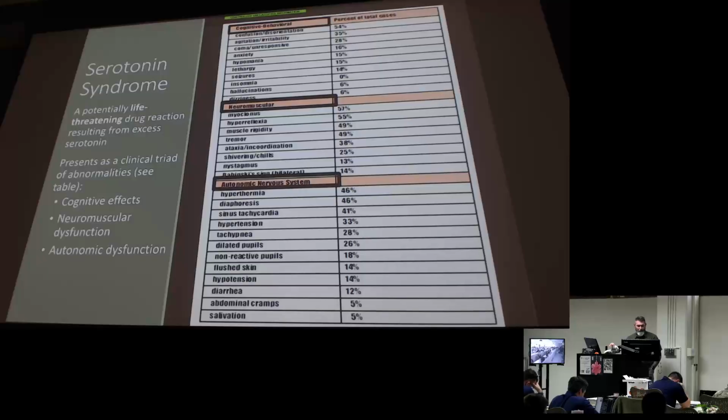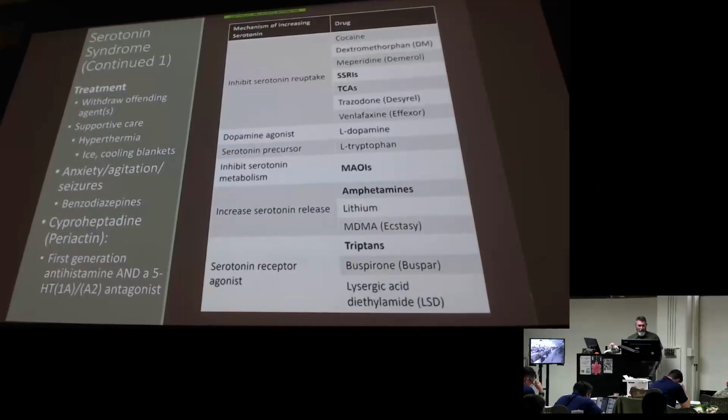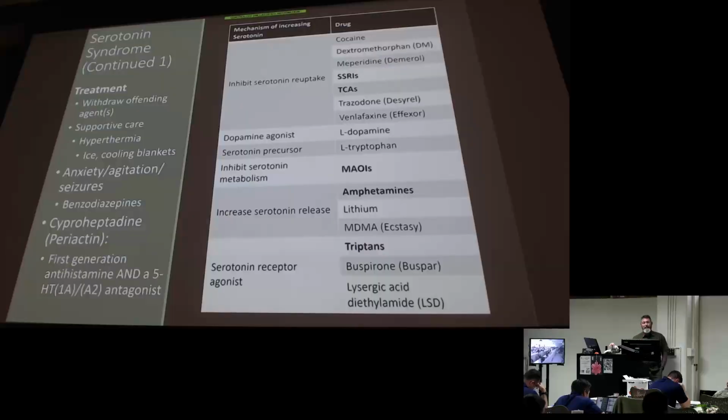I would know those, and I would know which medications could cause it, and there they are, right? It's all the ones I just mentioned, but it's broken out for you. So things that inhibit serotonin reuptake, SSRIs, TCAs are in bold, so those are your most common players. And then the MAOIs, amphetamines, and once again, the triptans, which is why we're discussing it.